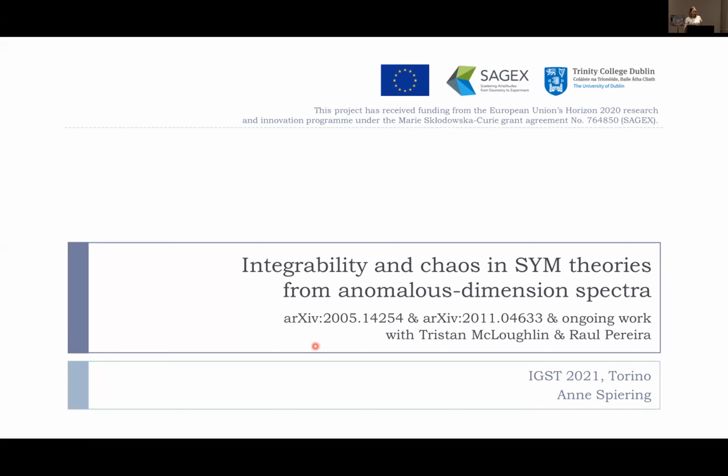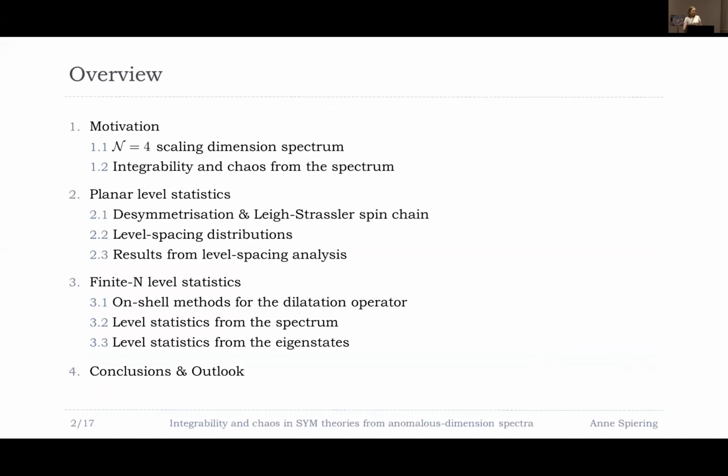And this talk is based on those two papers here from last year and ongoing work on those numerical spectra, and also on using on-shell techniques to extract some of the spectra that we then analyzed. But yeah, let me start really at the beginning, or maybe first with an overview. I'll start with a quick motivation of what we can expect from such a statistical analysis of spectra.